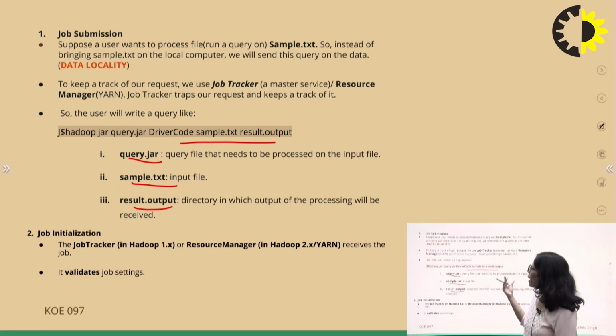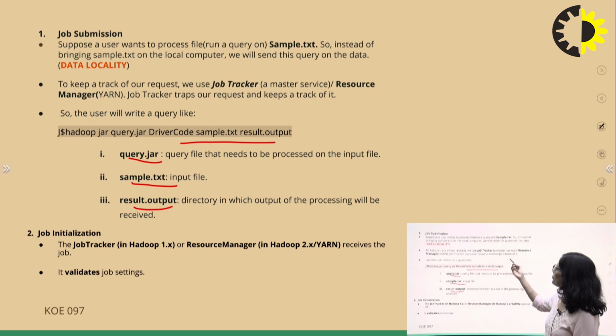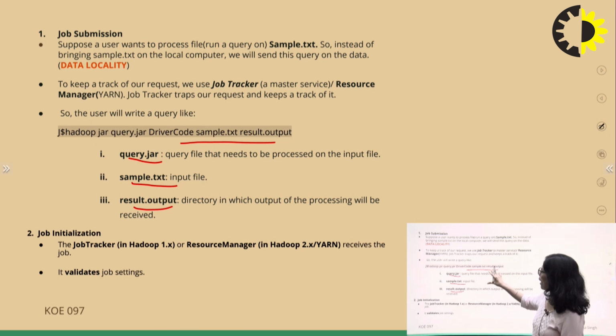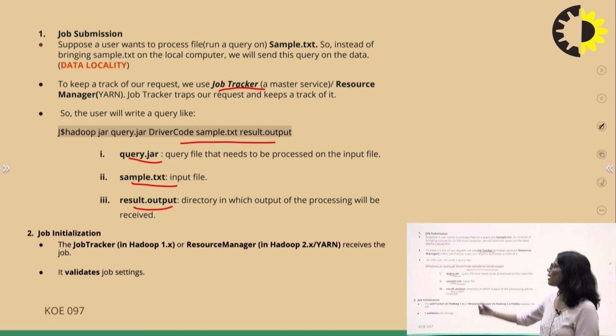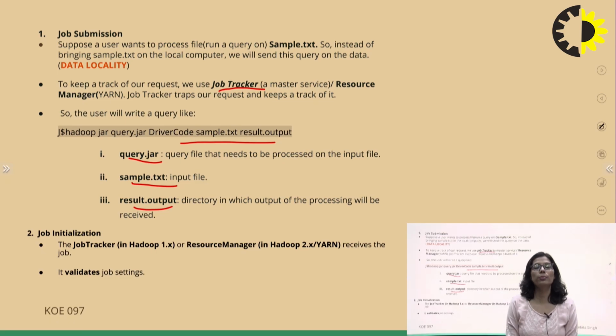Now I will make this query, and this query is presented to the job tracker or a resource manager. These two are master services. In Hadoop 1.0, we had the job tracker, whereas in Hadoop 2.0, we have the resource manager, which is a part of YARN.